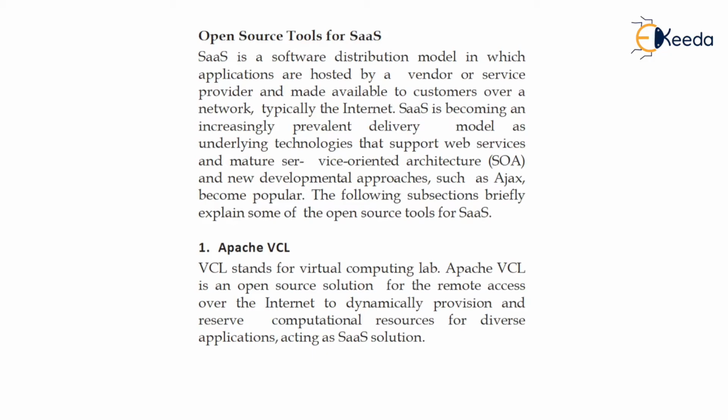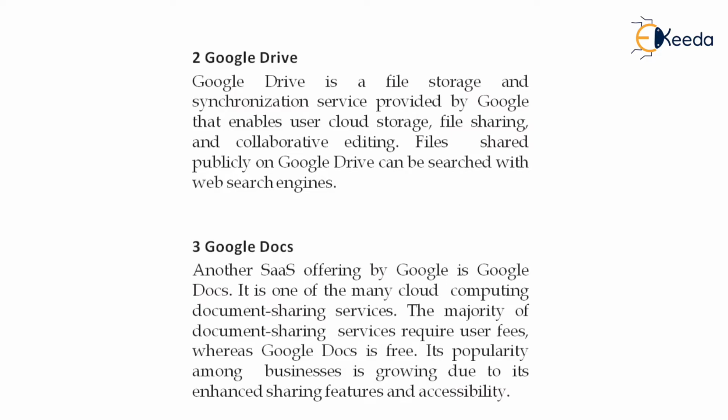The computer types are machine room blade servers, VMware virtual machines, and standalone machines. So this is all about one of the open source tools for software as a service, that is Apache VCL. Let's talk about another open source tool for software as a service, that is Google Drive and Google Docs.